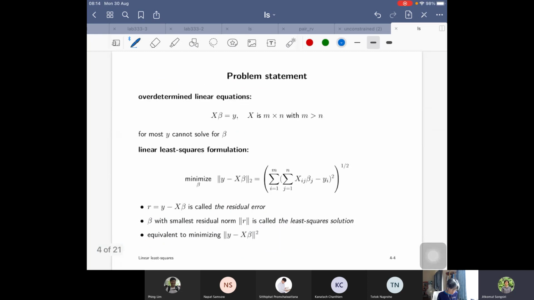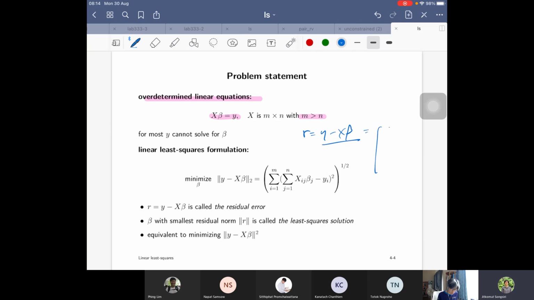Okay, so the problem statement of the linear least square formulation is the following. Whenever you have an over-determined linear equation, where m is bigger than n, instead of looking for an exact solution, you take a look at the residual r, which is y minus X beta.